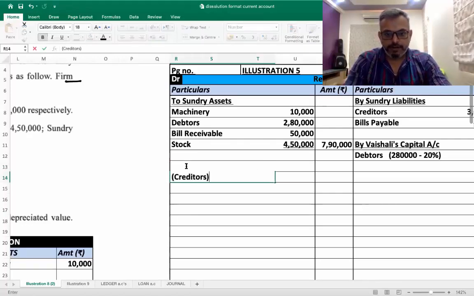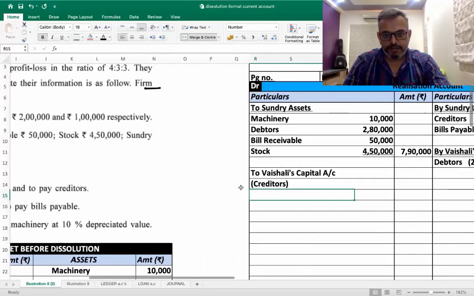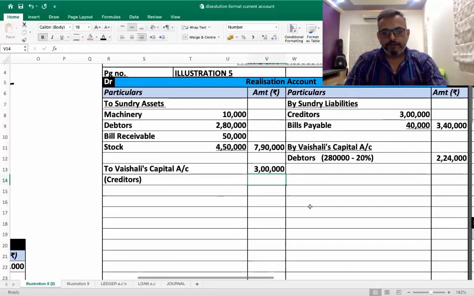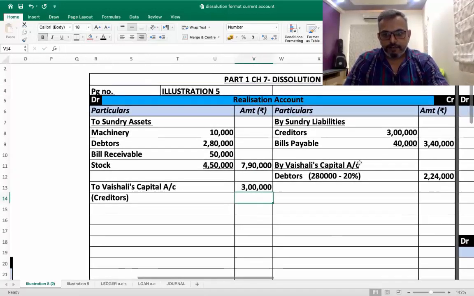Creditors. Now creditors के लिए कोई भी information नहीं दिया है. So book value creditors 3 lakh. Now let's give the second effect.